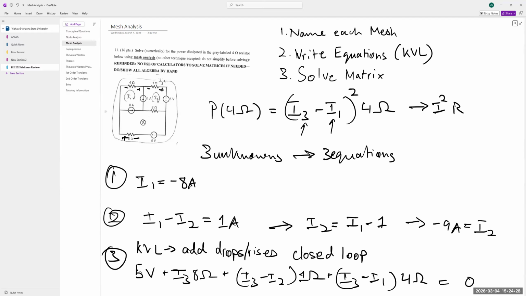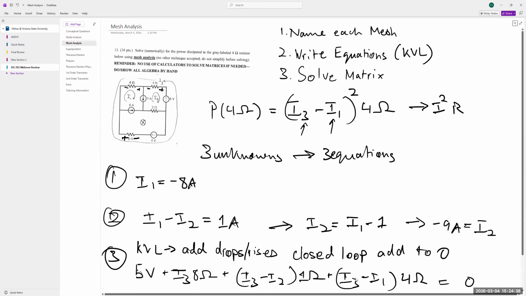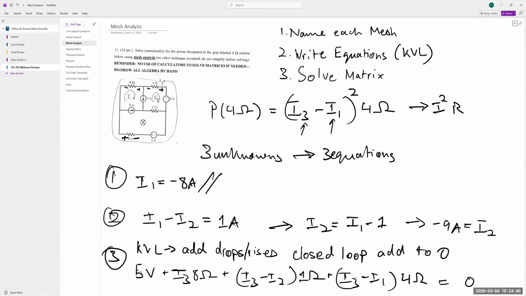That's the drop over here. All of these drops add up to 0. So all the drops and rises add up to 0. That's what KVL tells us, and we're going to apply it. Now we know what I1 is, and we also know, sorry, this should be a positive. So wait, I1 minus 1 amp. Hmm.